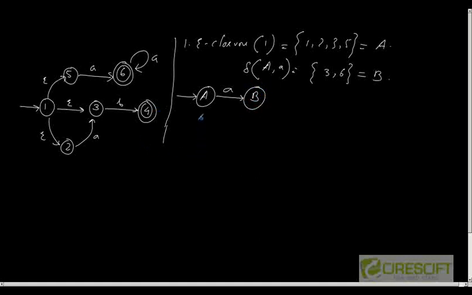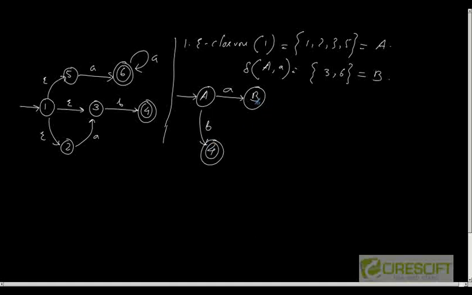Now from A, if I get a b, what can happen? From A, if I get a b, then in any of these states, if there is a transition corresponding to b, so from state 3, which is present in capital A, I have a transition for input symbol b, and it is reaching the state 4. So I can say that A on consuming the input symbol b will reach the state 4, which will be the final state. Okay.